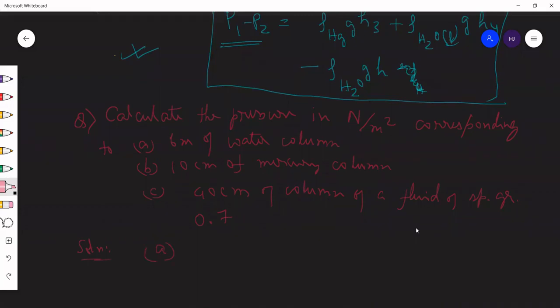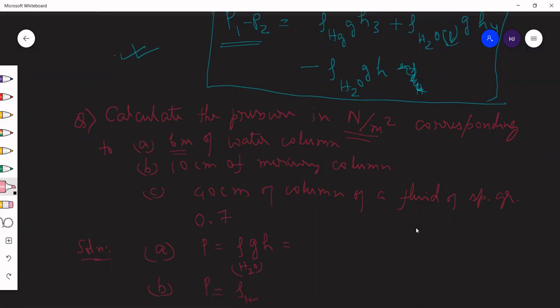6 meter of water column. You need to find this answer in Newton per meter square. So what you do? Simple, same formula. Here it will be water, density of water 1000, G constant, H is how much? This one, okay. I'm giving you a hint. 10 centimeter of mercury column, same.